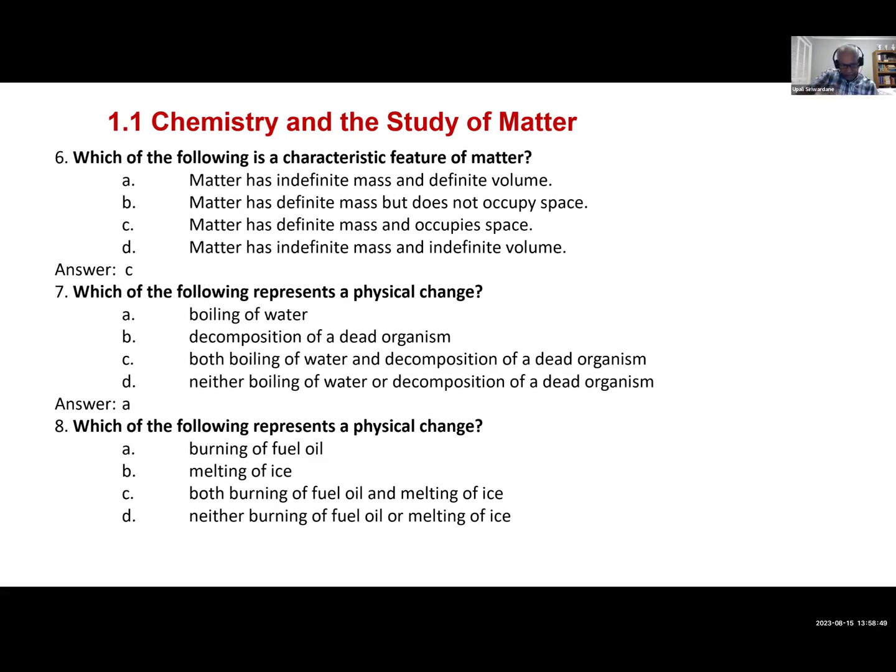When you have a correct answer, you hold on to that and check others. Both burning of fuel oil and melting ice. So the answer is C. You are not thinking right. That's an and clause. Burning fuel oil is a chemical change, and melting ice is a physical change.